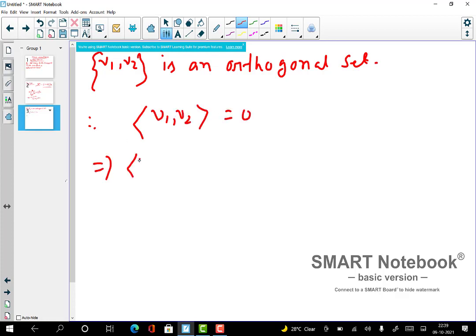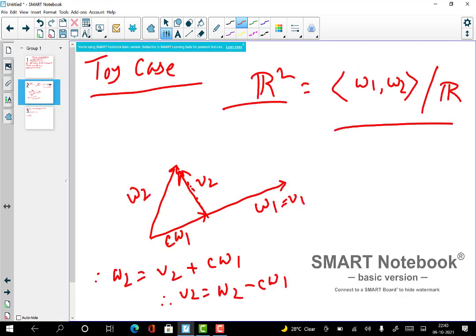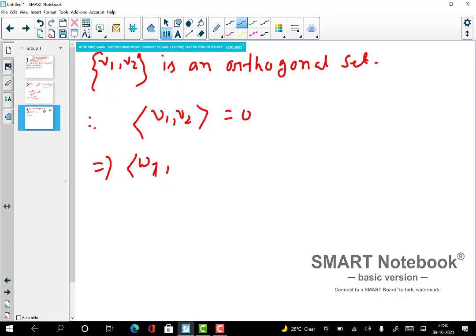But v1 is w1 and v2 is w2 minus c w1. So w2 minus c w1. Okay, I think it is better to do it the other way. It is much better. Okay, so I should say that. Then you will have, so this is general.